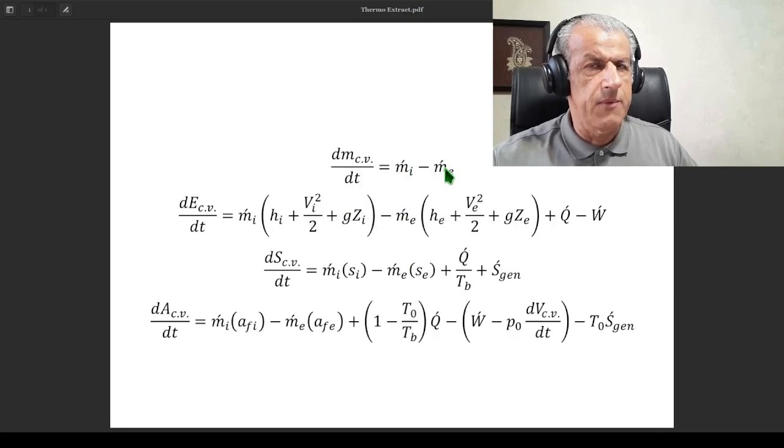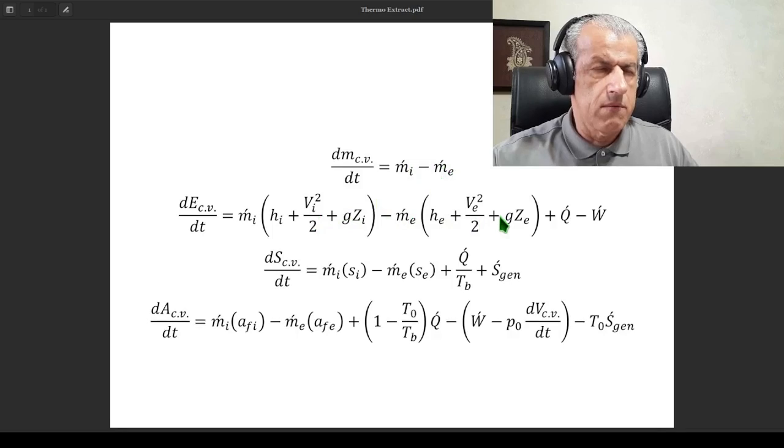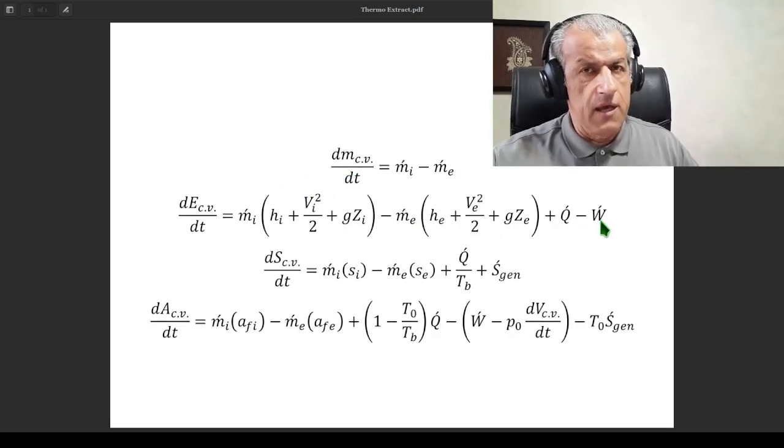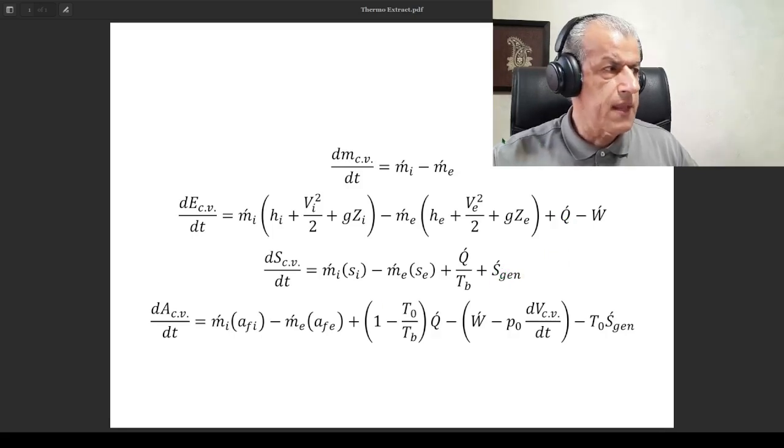Mi and Me are zero, and therefore all the relevant terms in the different equations would be zero. Now, we have to integrate the left-hand side for the initial and final condition, and the rest of the terms, heat transfer, work, and entropy generation, would be present in our discussion.